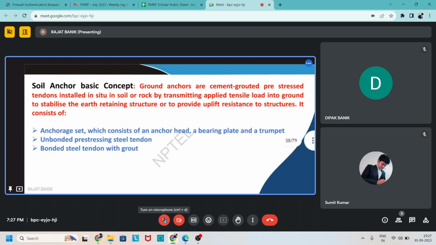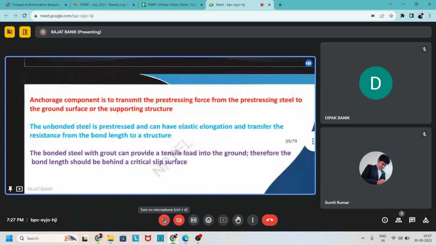Now there are some points given. First is to transmit the pre-stressing force from the piston, the stress from the steel, to the ground surface or the surrounding soil.